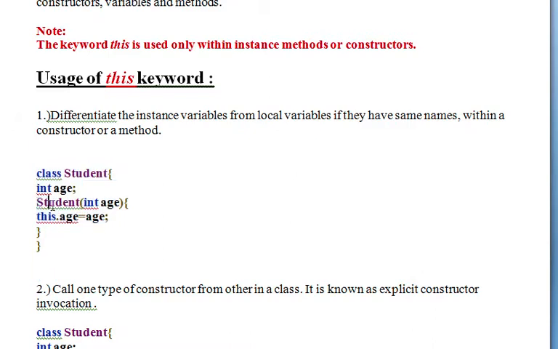Now there is one constructor student. As I've told you, the constructor is a special member function which has the same name as that of the class name. So student is the constructor and it is the parameterized constructor where age is the formal parameter here.